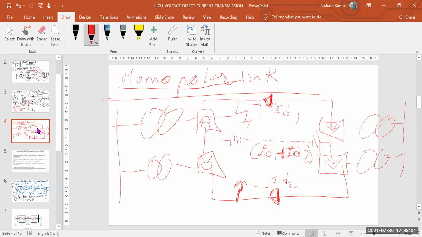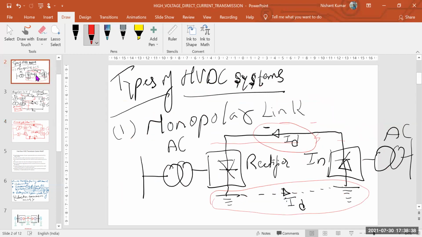We could use this entire segment as a healthy pole and carry more than half of the power by overloading the segment.